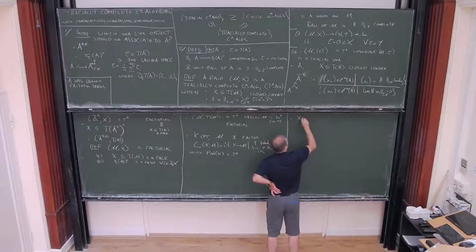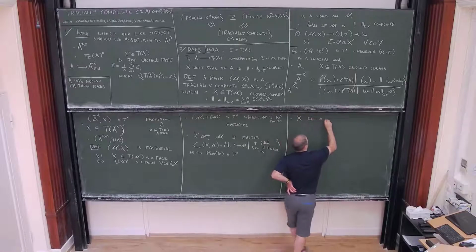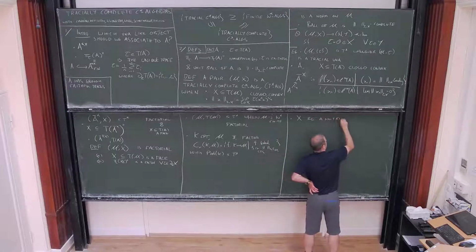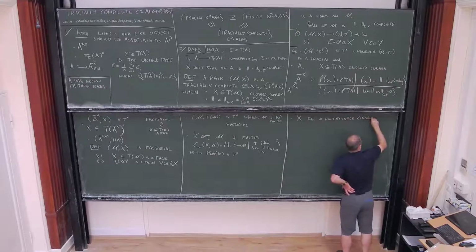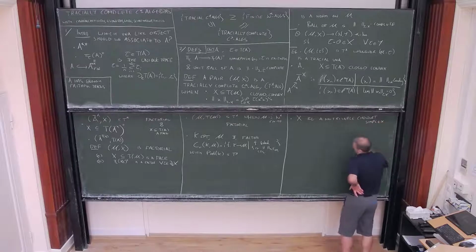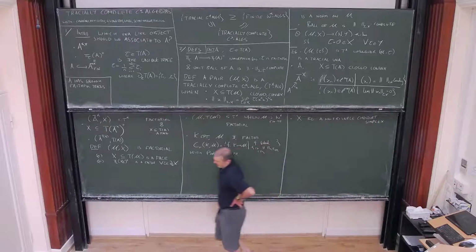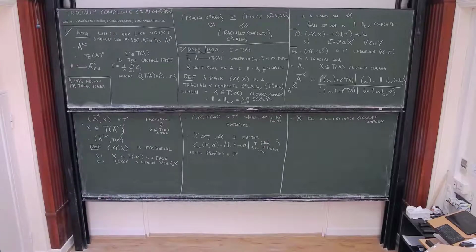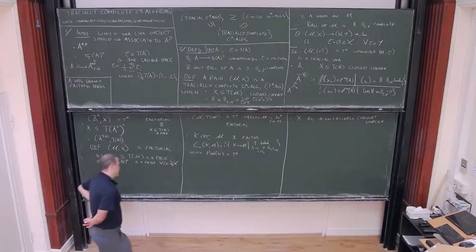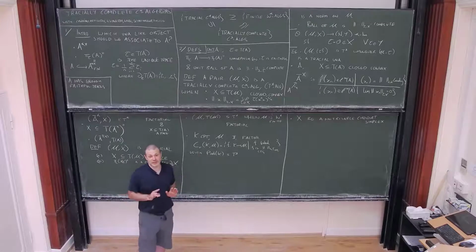So let X be a metrizable Choquet simplex. If you've not heard the word Choquet simplex before, it's a technical condition: a simplex for which every point on the simplex is uniquely written as a boundary measure of the points on the boundary, whatever that means.